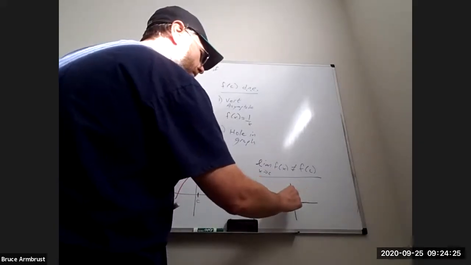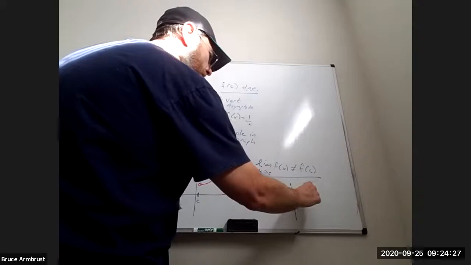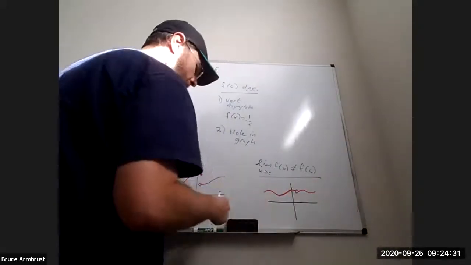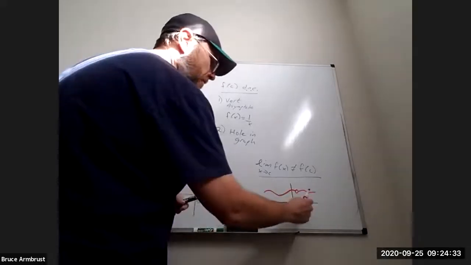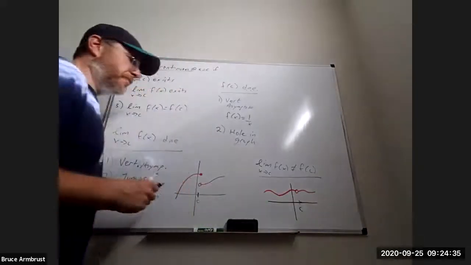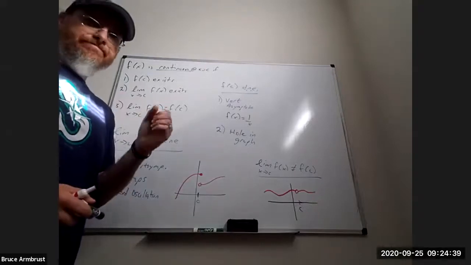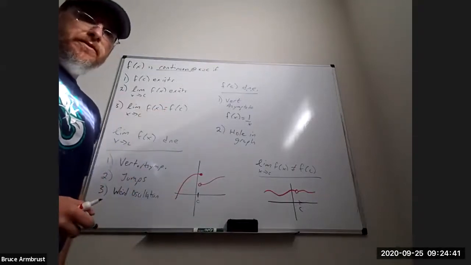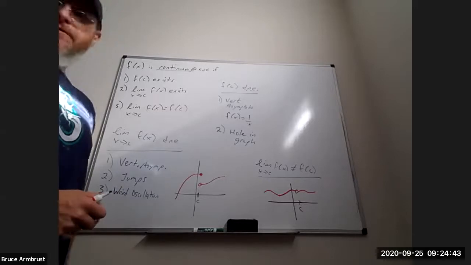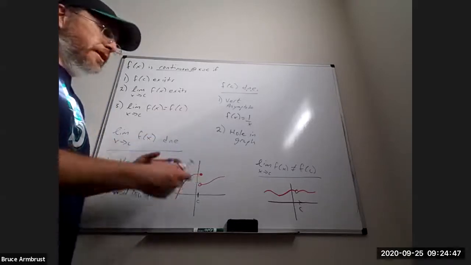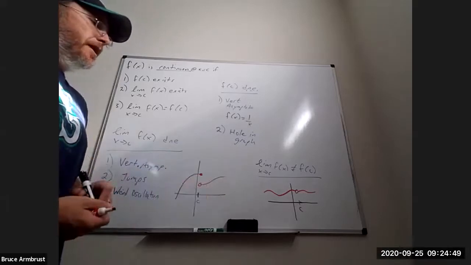So let's do something like this, where here is our c. That open circle just means that there's a point that's been removed. All right, but you can definitely see that the limit exists because as we go to this from either side, we get the same value.